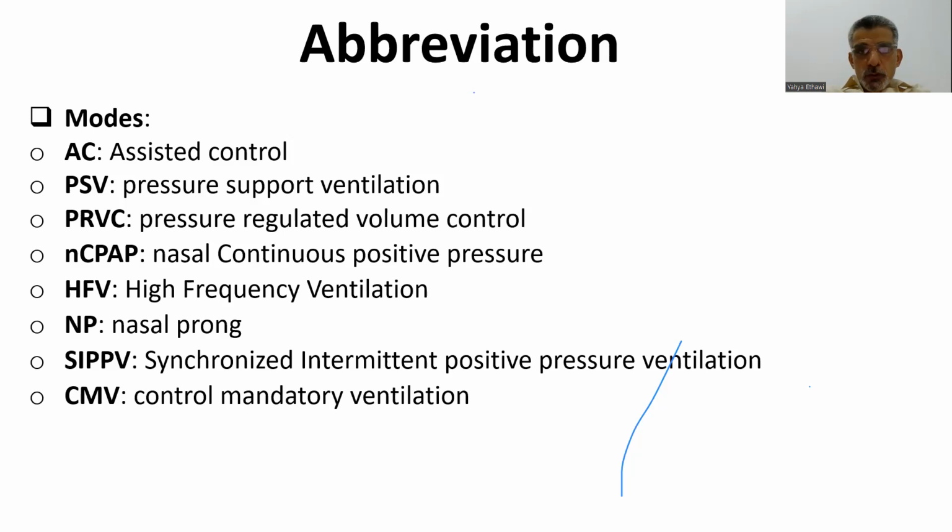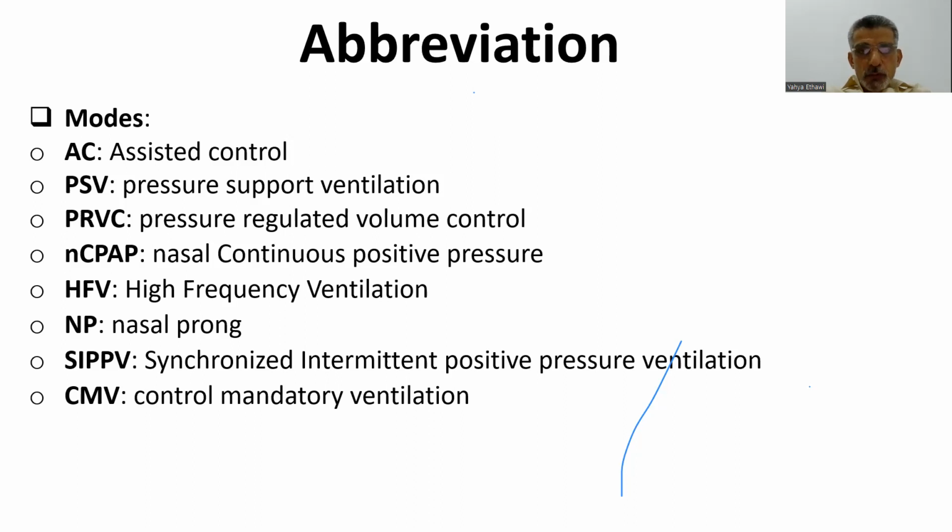The volume control is usually used by anesthesia and during surgery. The pressure control, we use it mostly in intensive care. Sometimes we use volume, but rare. Okay, that's called control variables. There are other variables called phase variables.